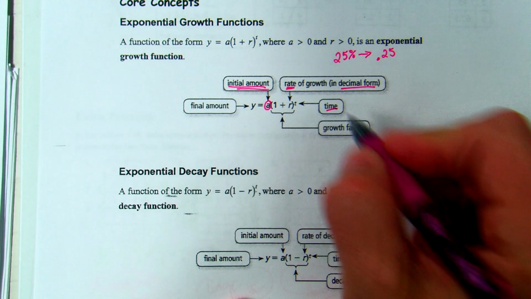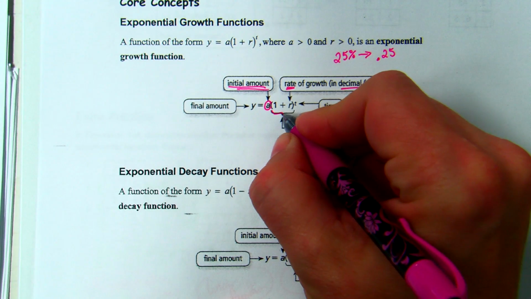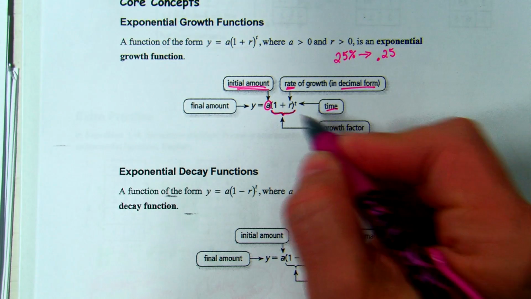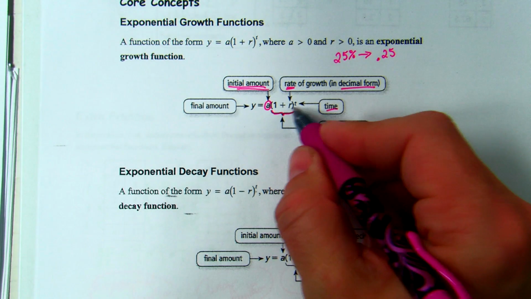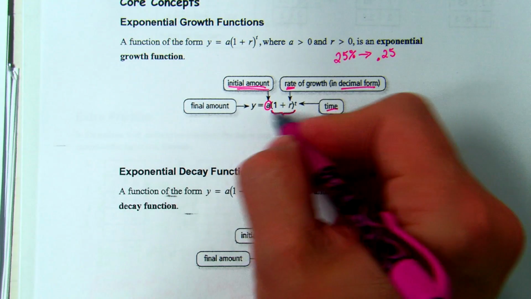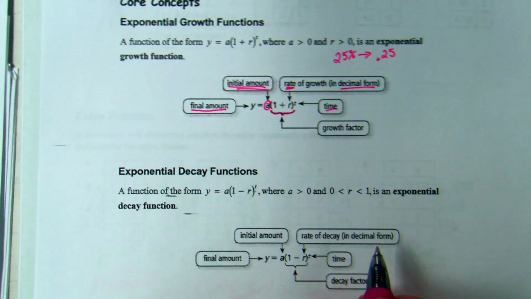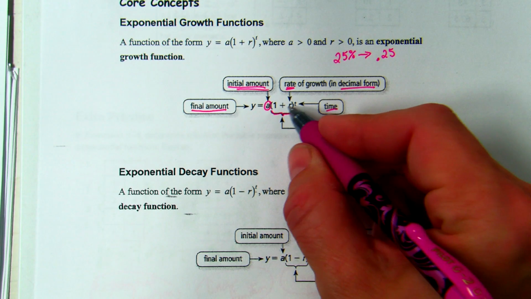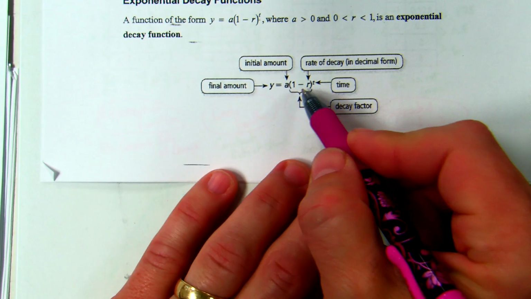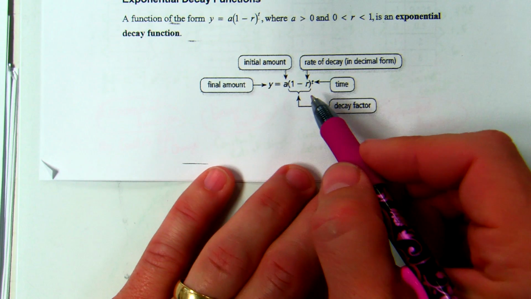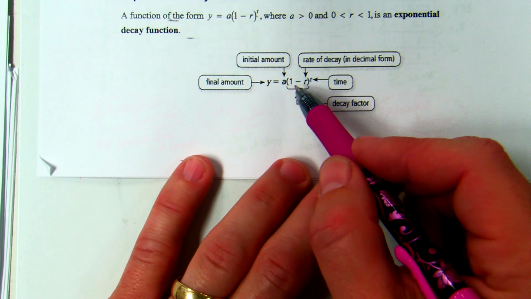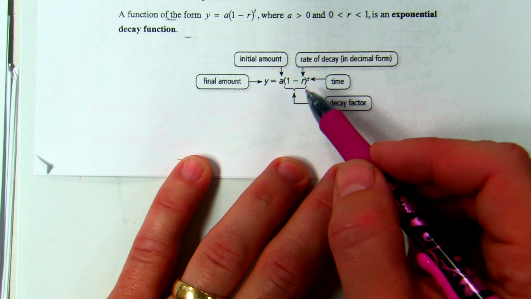T is your time, and this whole section here is your growth factor. You've got your initial amount times your growth factor. Of course, all of that together is going to equal your final amount. Okay. Again, because this is adding your percentage or your rate, this is your growth. And this one, because you're subtracting the rate or the percentage there, then you're getting less than your original amount. That means you're declining or you're decaying, decreasing in value.